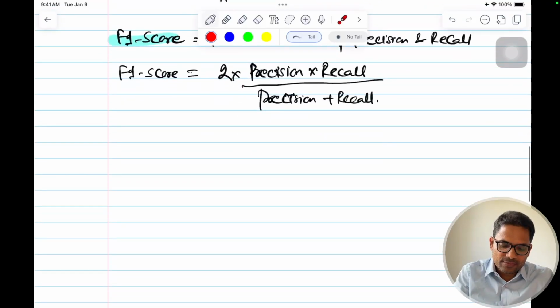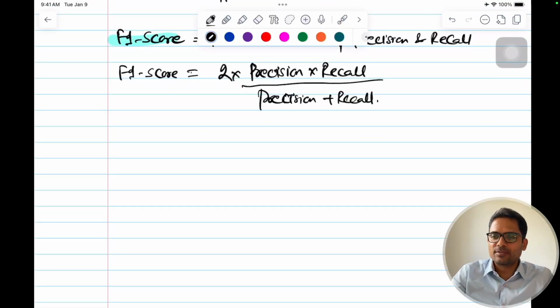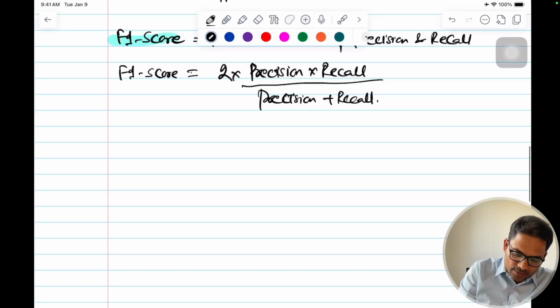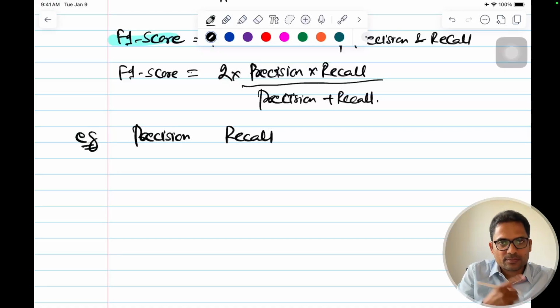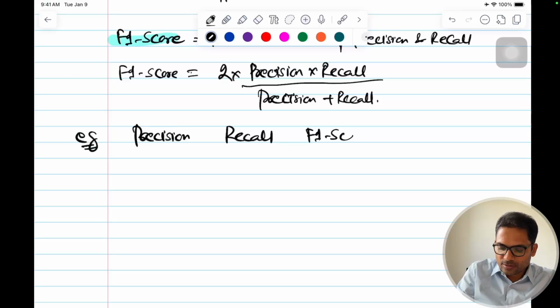Let me show you an example. I have a precision score, I have recall, which I have got from the model's values, and I have the F1 score. And say for example, I have the arithmetic mean or average, a common term that we know already.